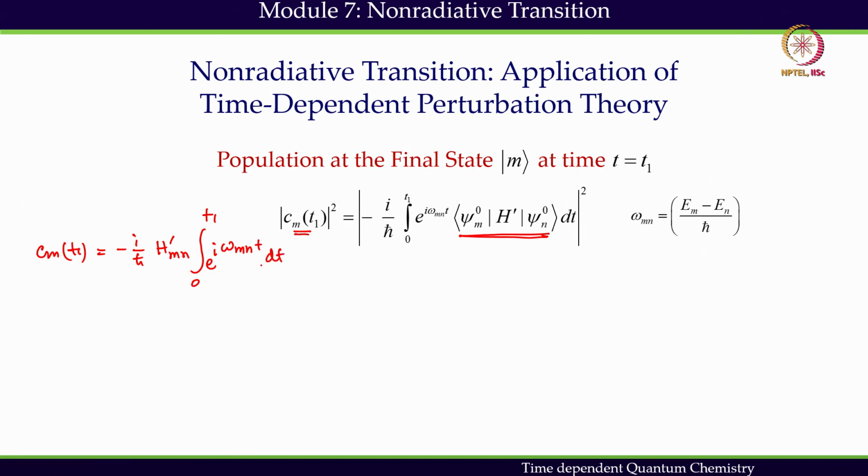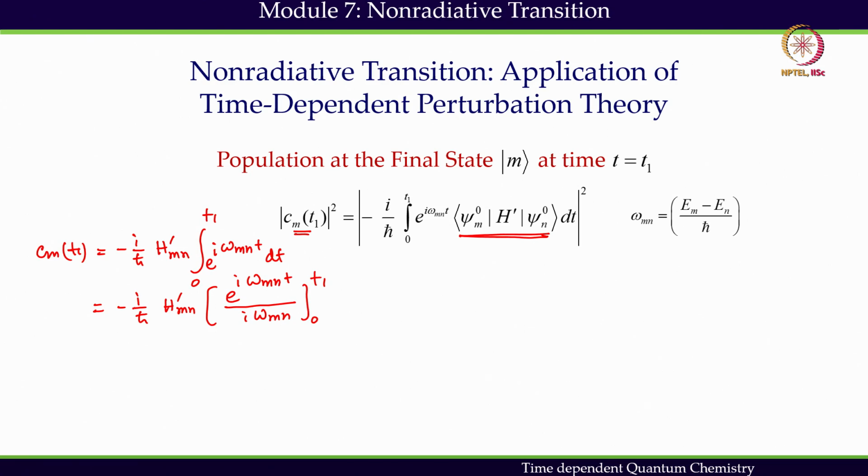So, if we integrate this one, what I get is i by h cut, then this integration part, and then e to the power i omega mn t divided by i omega mn, from 0 to t1 time. t1 is the end time for the interaction.